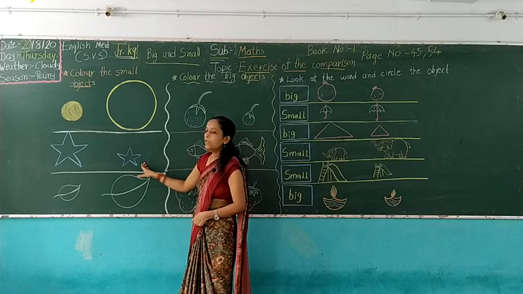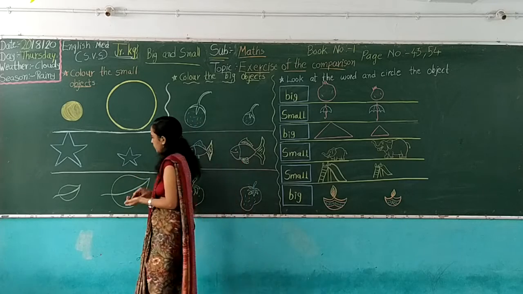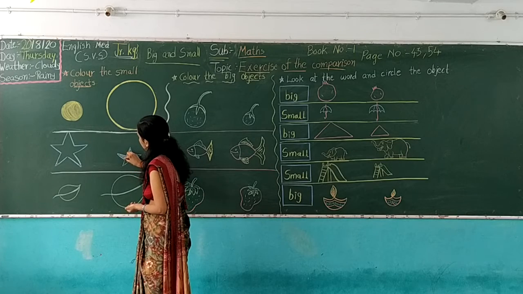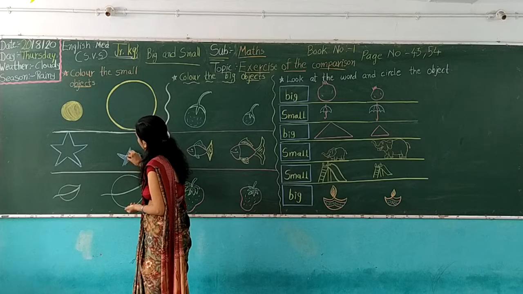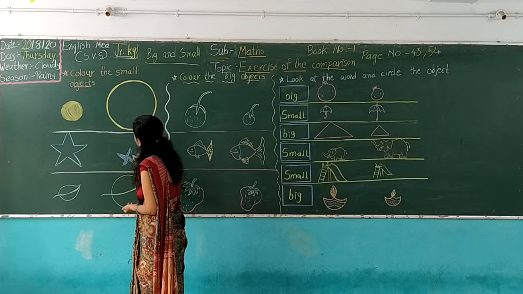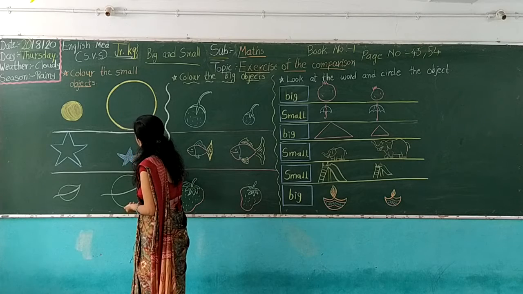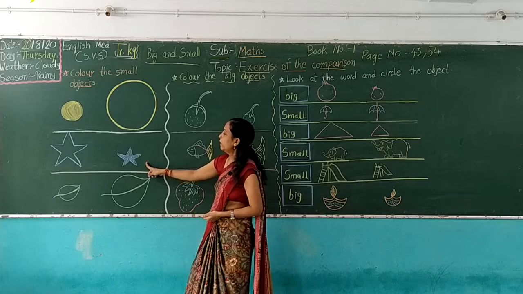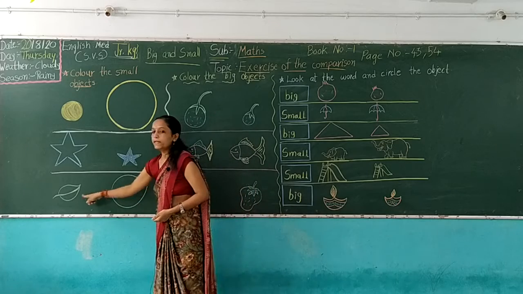So color the small star. Okay. Don't go out of the line. This is the small star.